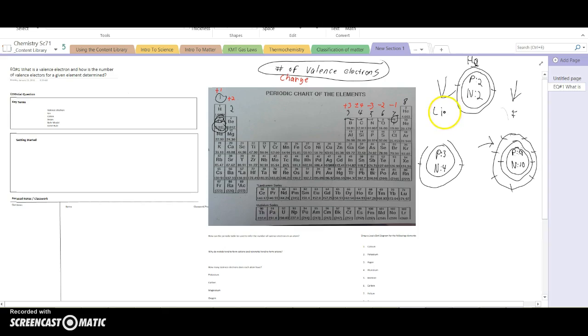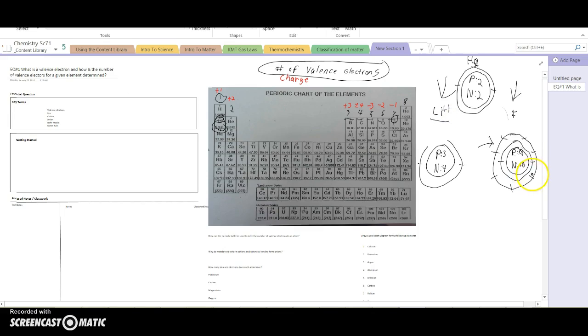In that case, lithium has become an ion. It now has 3 protons and 2 electrons. That's 3 positive charges and 2 negative charges. So it has an overall charge of positive 1.